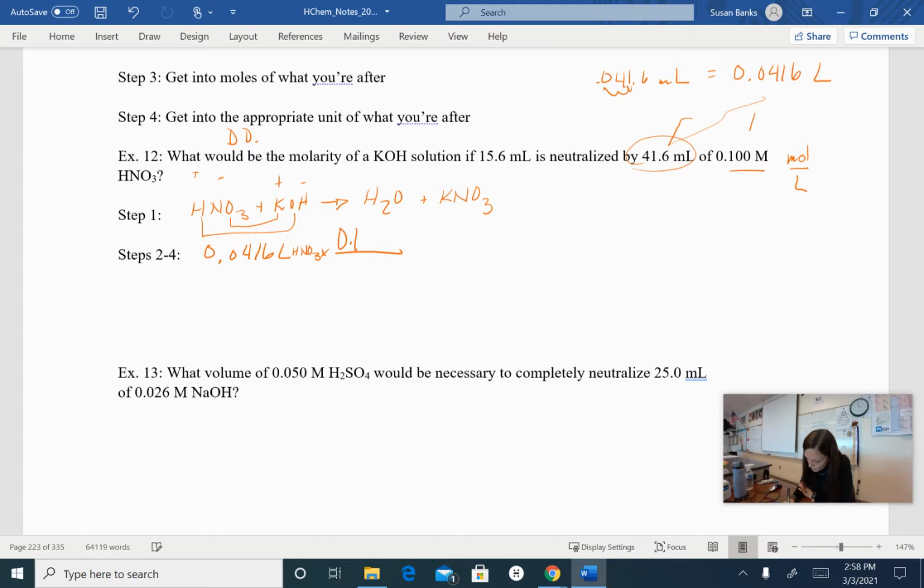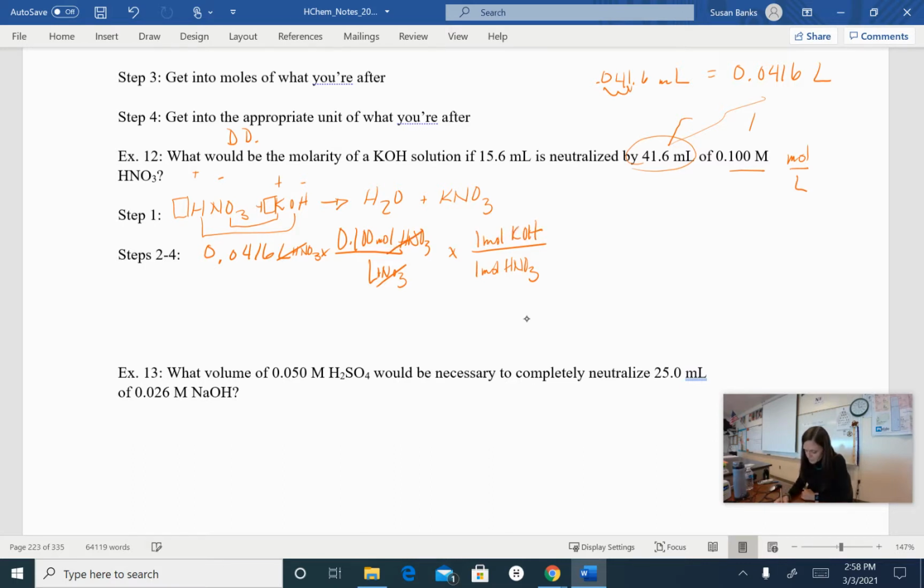So I have 0.1 mole of nitric acid for every liter of that nitric acid solution. My liters cancel out, and I'm left with moles. Now I have to look at my relationship. I have 1 mole of nitric acid reacting with 1 mole of potassium hydroxide.